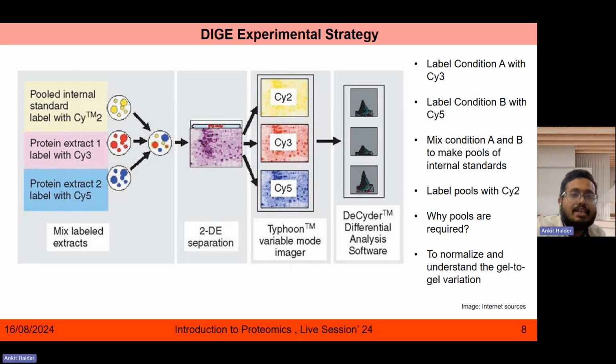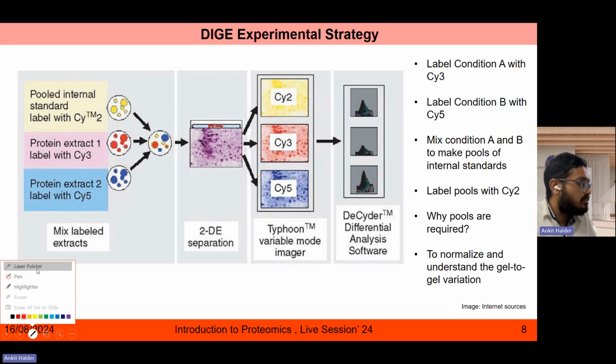So what is the case? Label condition A with Cy3, label condition B with Cy5, so mix condition A and B, that will make the pool of internal standards, right? So how is this done and why are pools required? So we said label pools.